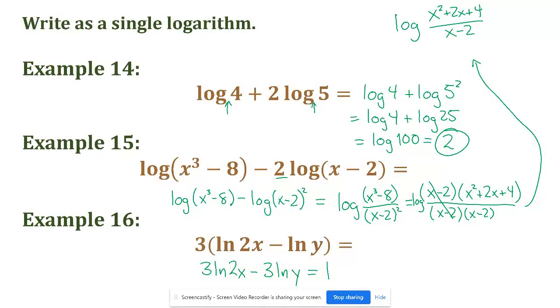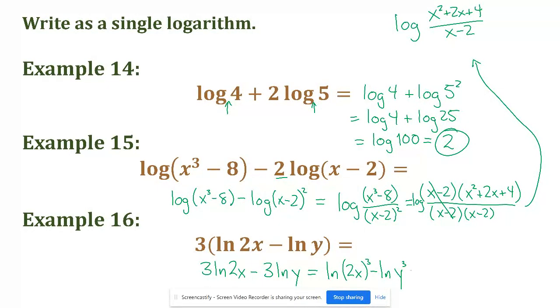So now we're going to have ln of (2x) to the third power minus ln of y to the third power. Notice I put that 2x in parentheses because I want it to be really clear that the 3, the cube, applies to the 2 and the x. They both get cubed. They're both part of what is being cubed.